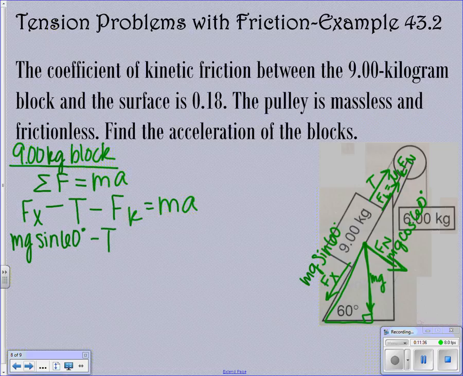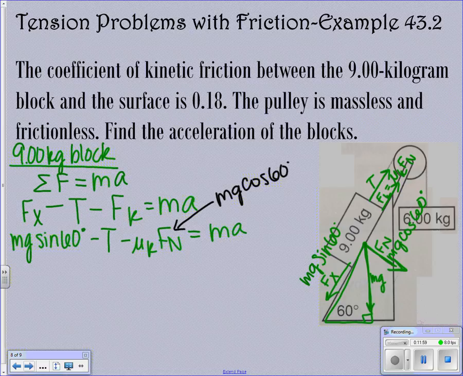We don't know the tension. Your F sub k is u sub k F sub n, and that equals the mass times acceleration. Now I will point out that your F sub n is mg cosine of 60. So if you want to fill that in, you can.